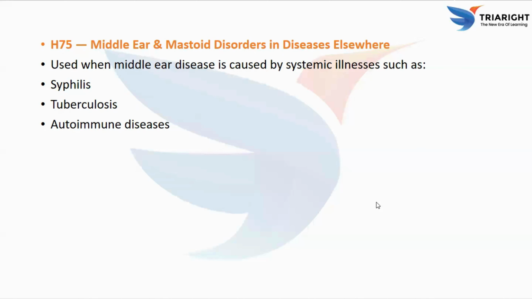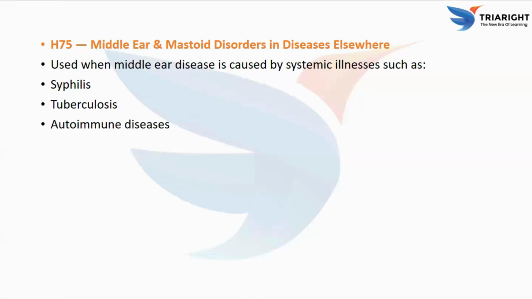For example, granulomatosis with polyangiitis, which causes chronic otitis media, mastoiditis and also conductive or mixed hearing loss. So why is H75 important for coders? Because it shows the ear condition is a manifestation of another systemic disease. This impacts the billing, treatment pathway and also the insurance.